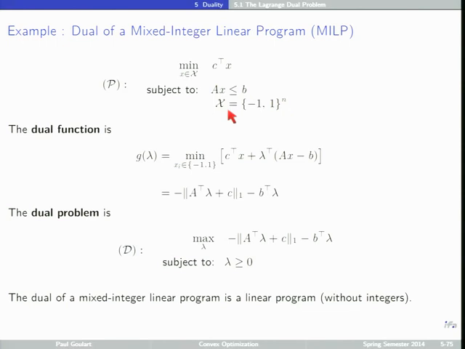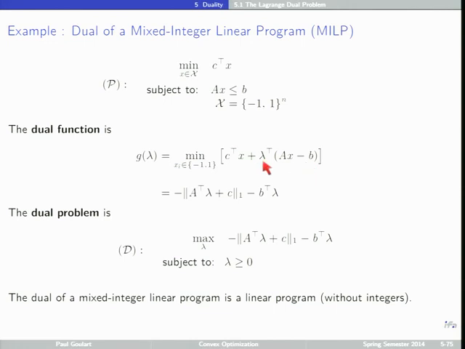So I do a little trick here. Instead of worrying about this as a constraint, which requires a multiplier, which would not be so nice, I put it inside the domain of the minimization. So I don't have explicitly any multiplier for this constraint. Instead, I make it part of the domain. And when I write down the Lagrangian, it takes the cost function from my primal problem, and then it takes the explicit inequality constraint, Ax minus b less than 0, and multiplies it by some multipliers.